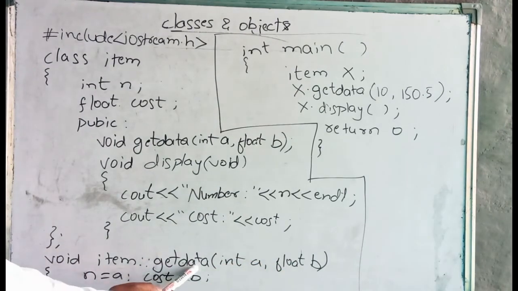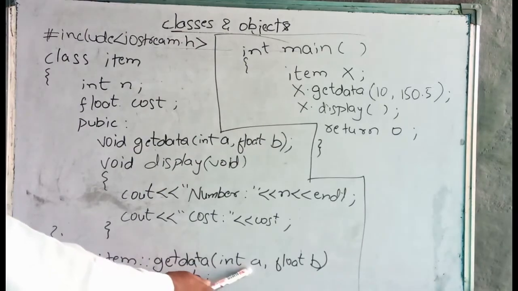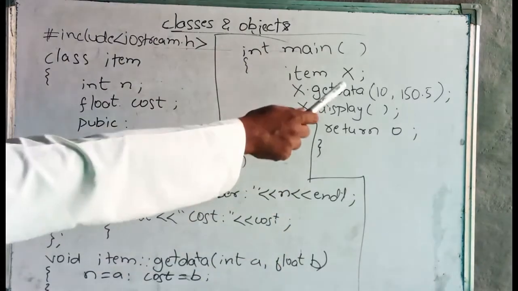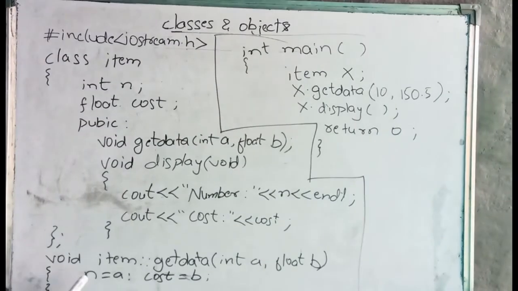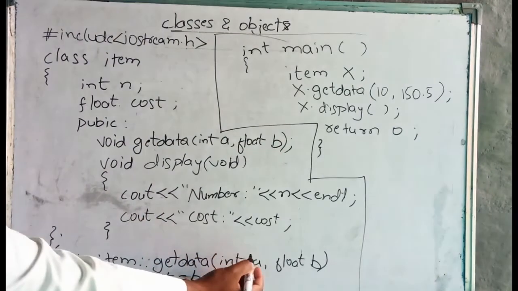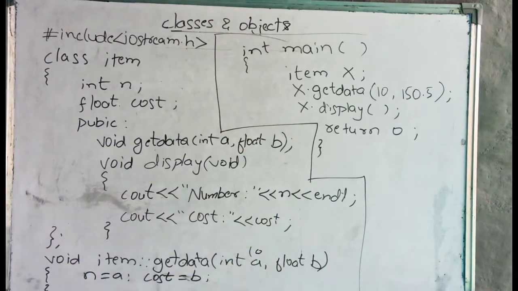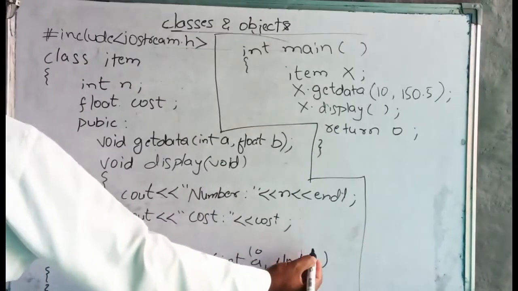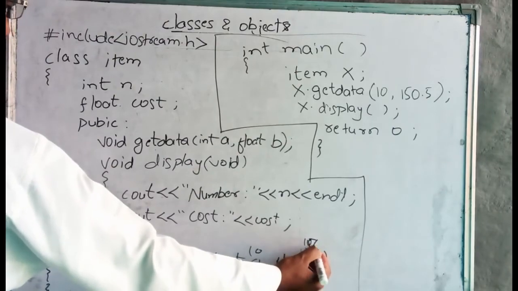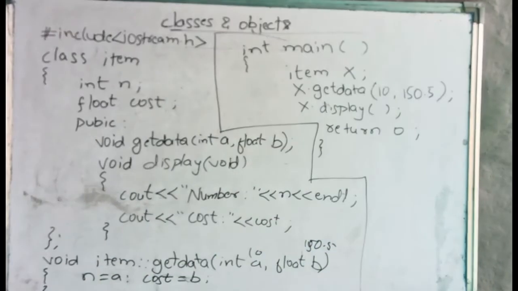Now see, in getdata, int a value is 10, b value is 150.5. Now we are initializing, assigning the values. n is equal to a. Now n value is 10, and b value is 150.5. The same value we assign here.